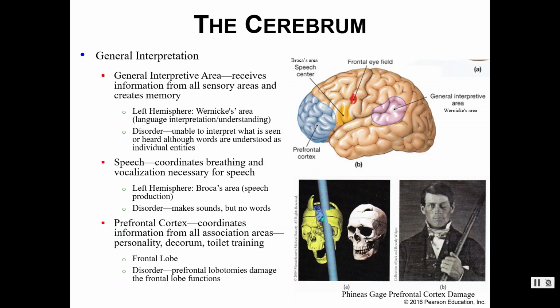This is a common region where people will experience a stroke. They damage this Broca's area. If that happens, they could now suffer from something called Broca's aphasia. They can make noises, but they can't really talk.